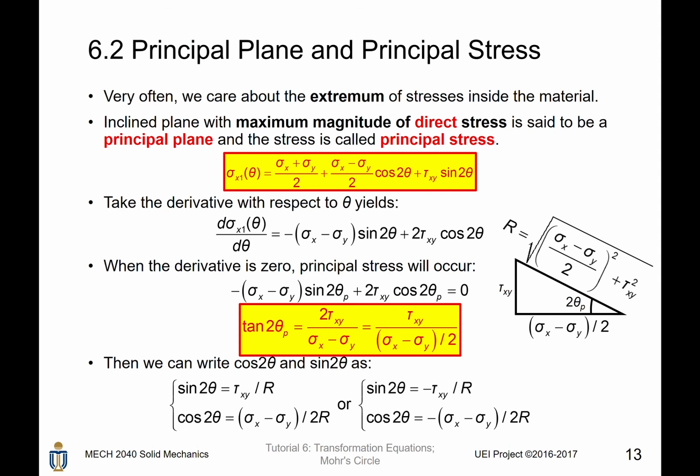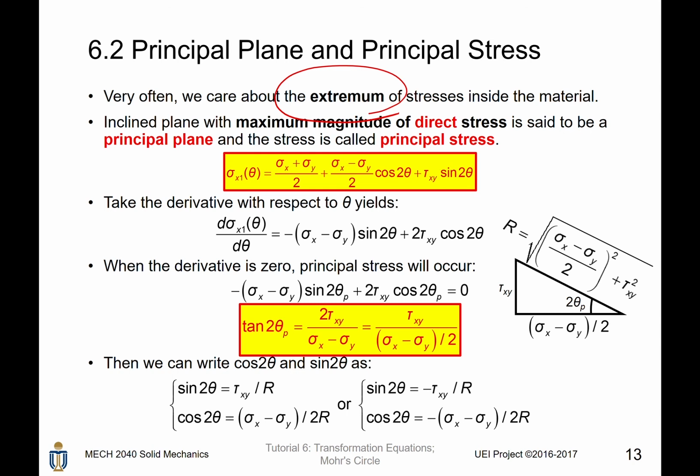After talking about the transformation equations and the special cases involved, let's introduce the concept of principal plane and principal stress. Very often we care about the extremum of stress inside the material. For example, the maximum stress, because we care about the impact of stress inside the material, and we have to calculate what the maximum is so that we can choose the correct material.